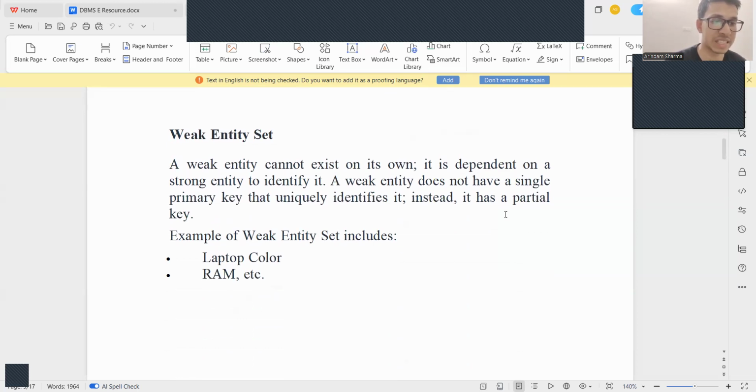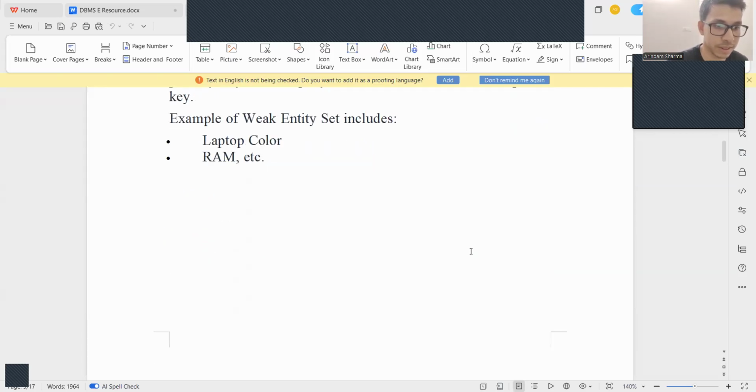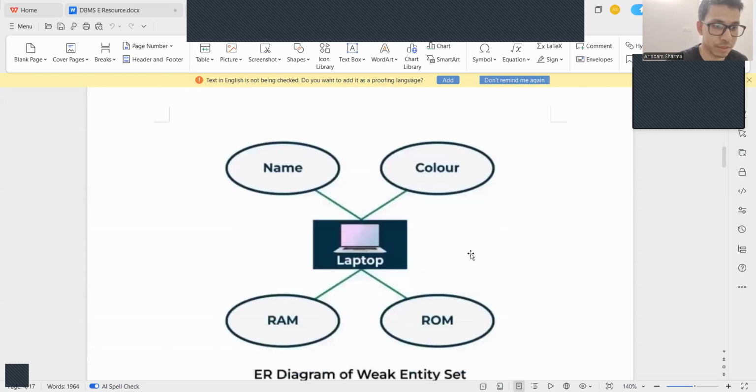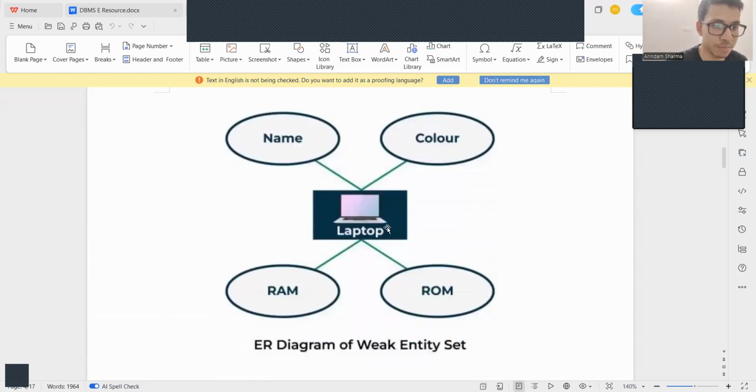These are examples of weak entity set. So it cannot exist on its own. It is dependent on a strong entity to identify itself. All right. So this is a laptop. A laptop has a name, color, RAM, ROM. So this is an example of weak entity set.